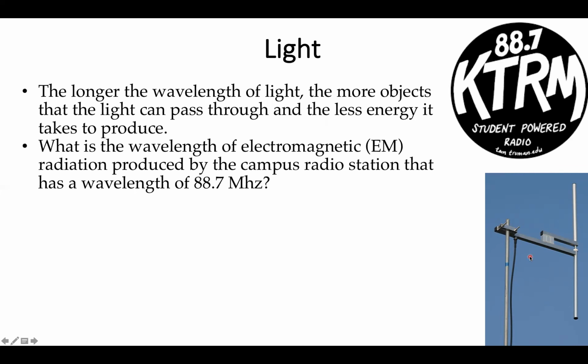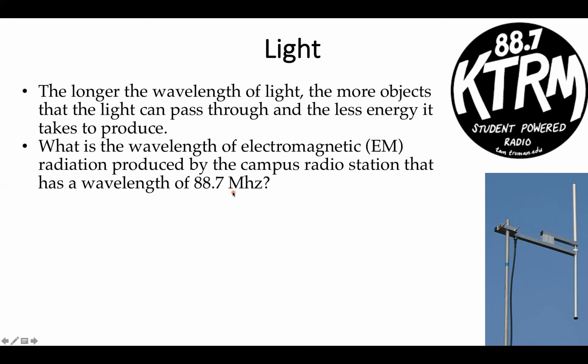And so let's go ahead and take a look at our local student radio station. It is 88.7, which it turns out those numbers on FM radio refer to the frequency of light. So for example, our local radio station has a frequency of 88.7 megahertz.